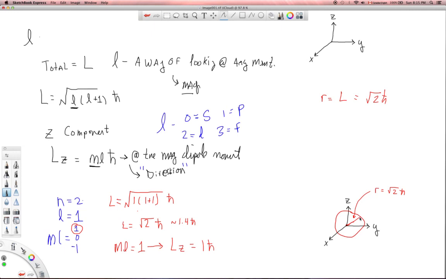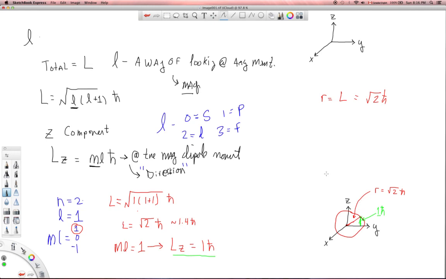I can take a line here and drop this line straight down, oriented in the z direction, and I make this come out at a point where the length of that line along the z-axis is h bar, or 1 h bar. Basically I'm trying to visualize the magnitude of the angular momentum and the orientation.